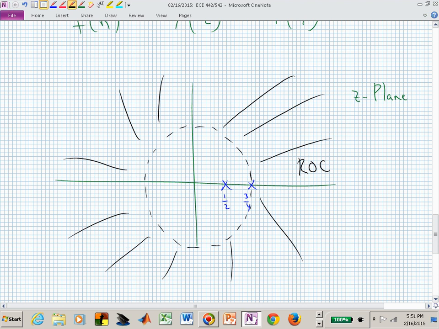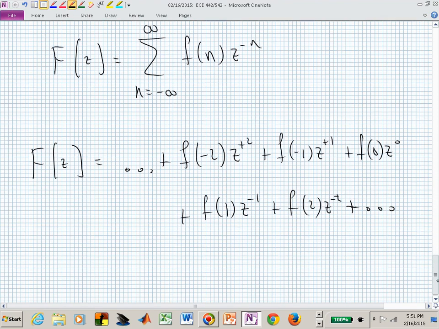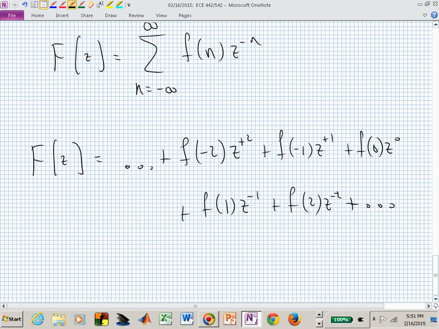You may want to try to find a really big z, a z that's going off to infinity. If z is going off to infinity in this expansion, what does that tell you about some of those terms, if this capital F of z needs to converge?